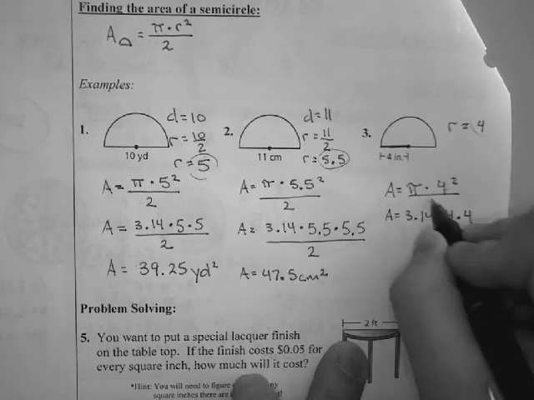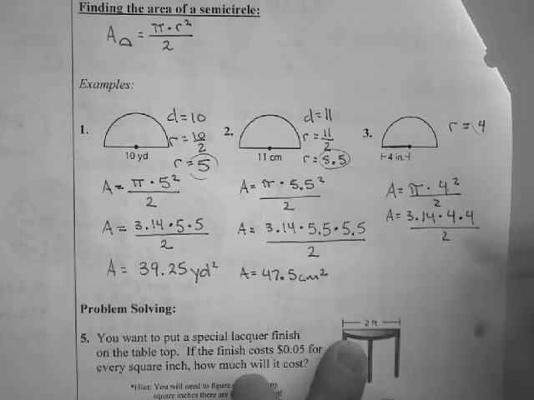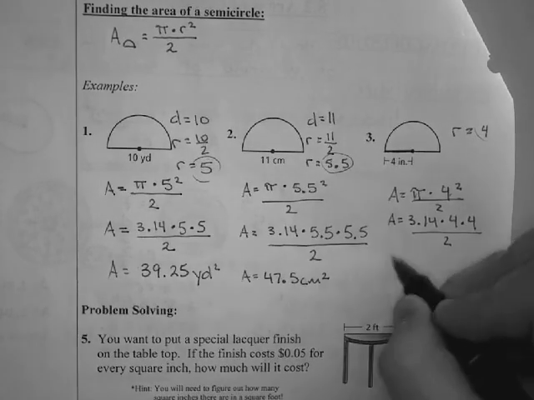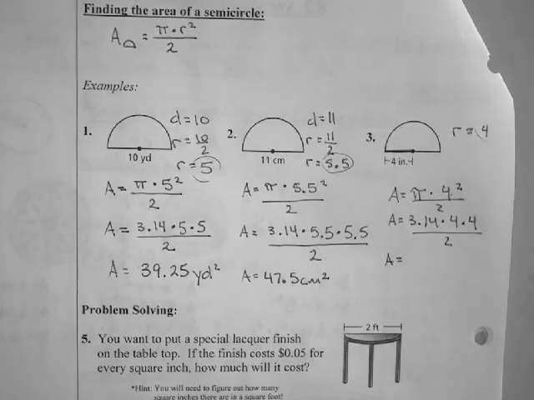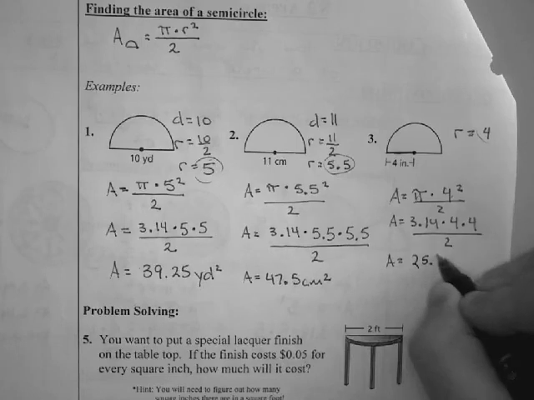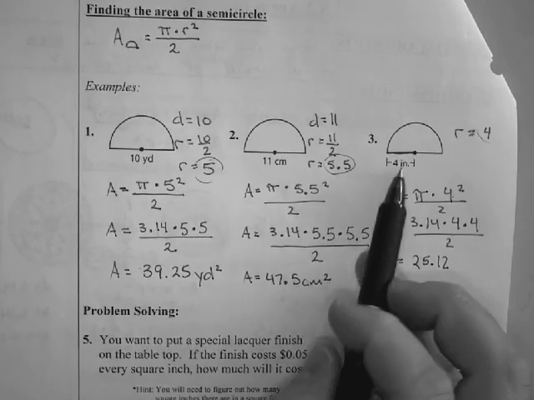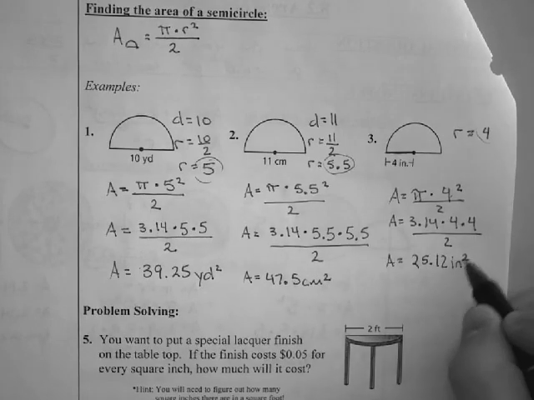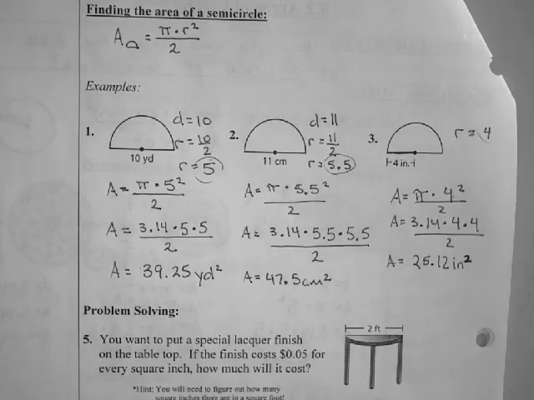Then I'm going to divide all this by 2, since it's a semicircle, and we'll get area is equal to 3.14 times 4 times 4. Then I take that number and I divide it by 2. And we get the area is equal to 25.12 using our units, inches. And then since it's area, we square the units.